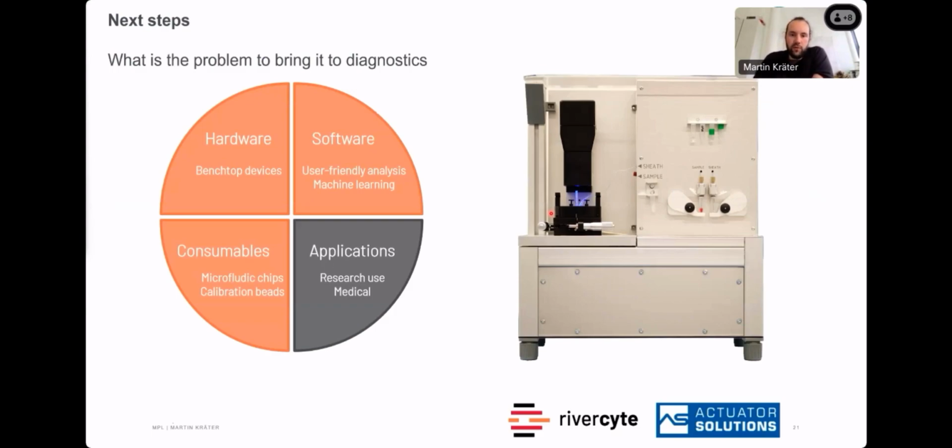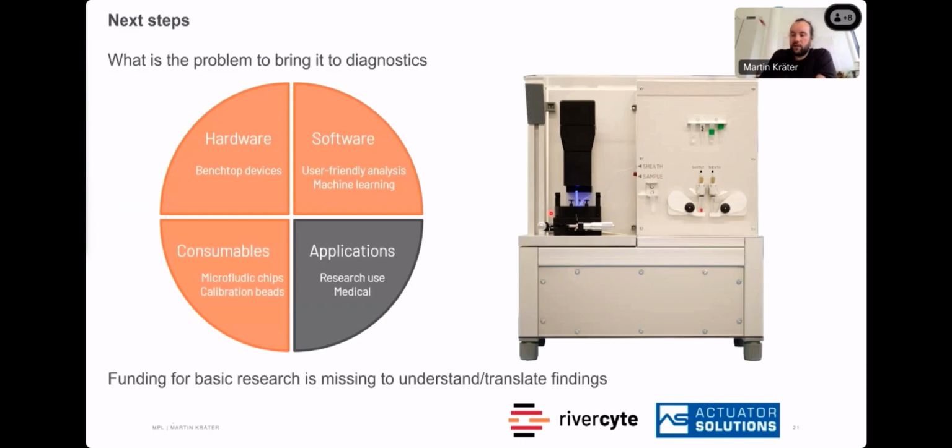What is needed to push this further is obviously that the funding scheme has to change towards basic research. What's currently happening, specifically here in Germany, is that healthcare-related research is promoted, which I can totally understand.